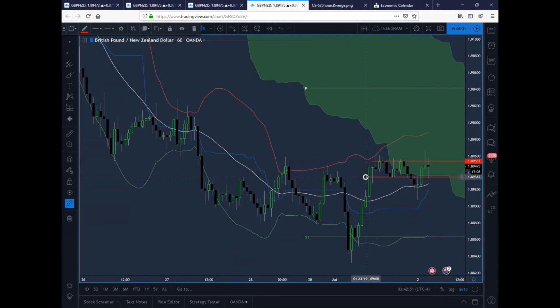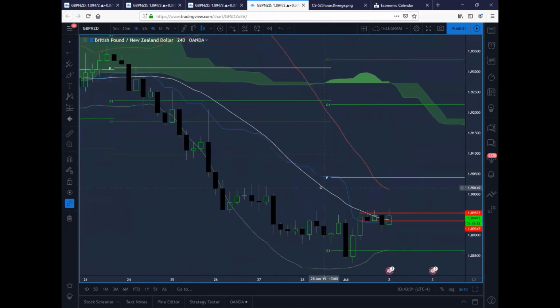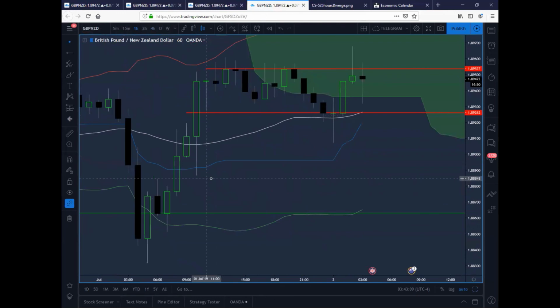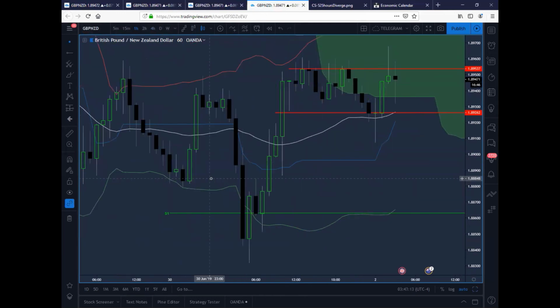Cool, cool, cool. Put it there. So, strong wick at the bottom. Accumulating orders for that push.